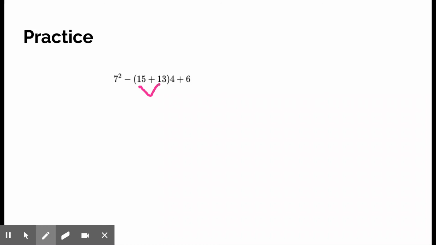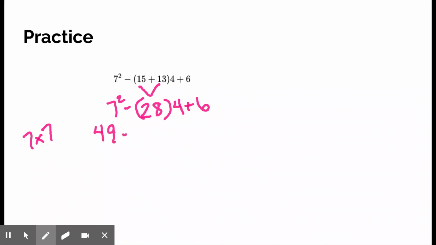And then once you've got your 28, we've got to do our exponents. 7 times 7 is 49, minus 28. Then we've done our exponents.